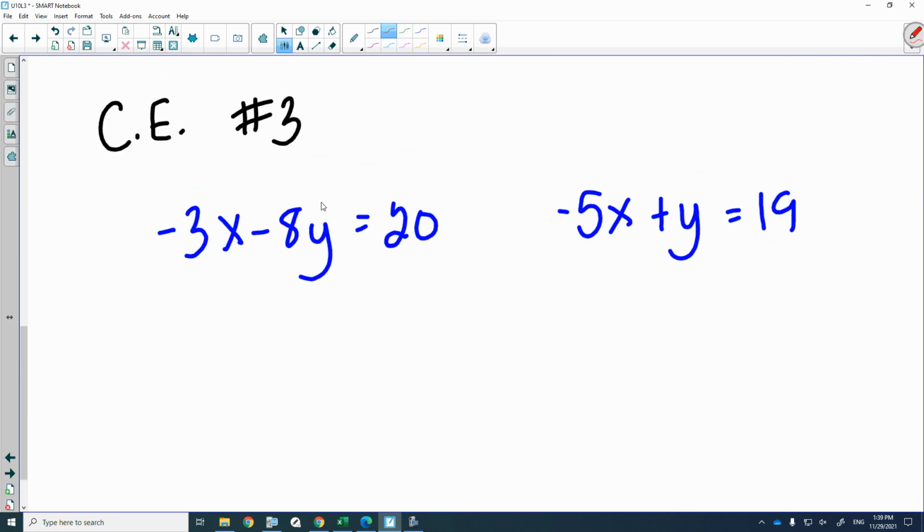Get rid of class example number 3 and put this in. So this one has, I think, larger numbers.